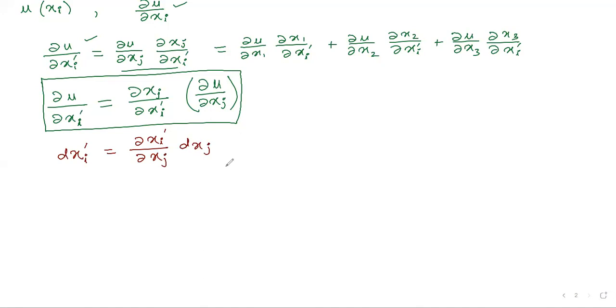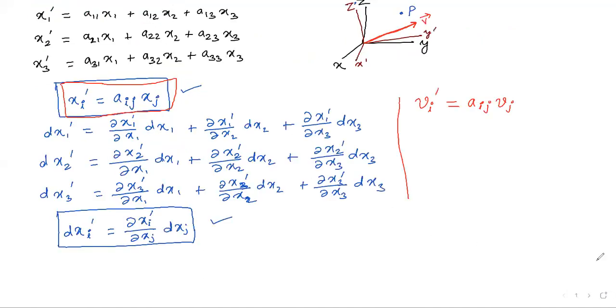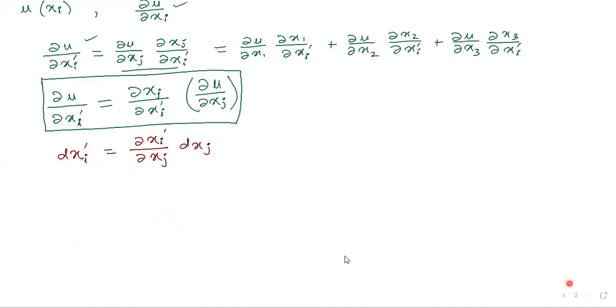This was what we obtained in our earlier page. Let me show it on the earlier page. It is here: dxi prime is equal to ∂xi prime/∂xj dxj. So I have simply rewritten it here on page number 2.